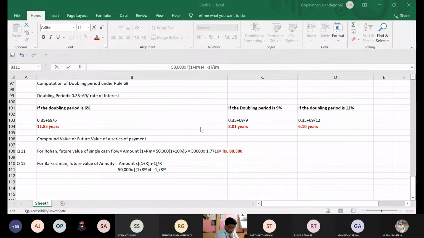4.5. Now we go to the future value table. I'll also teach you how to find it in the table.